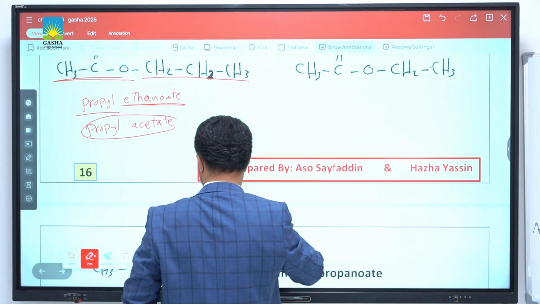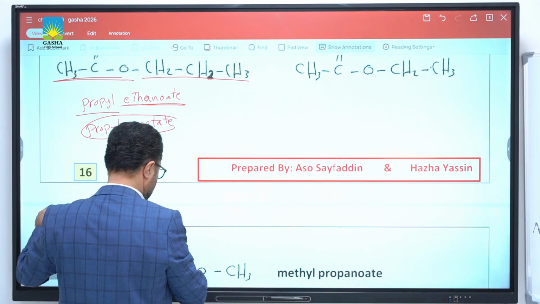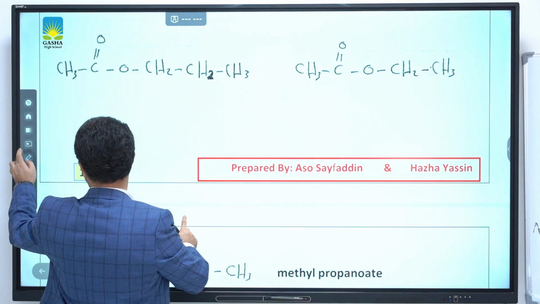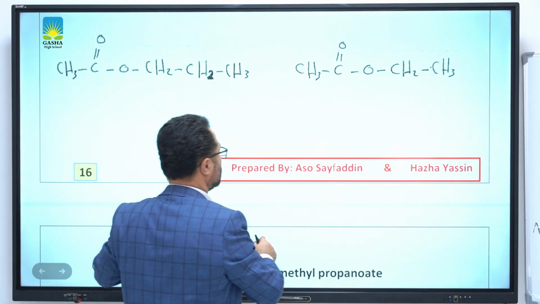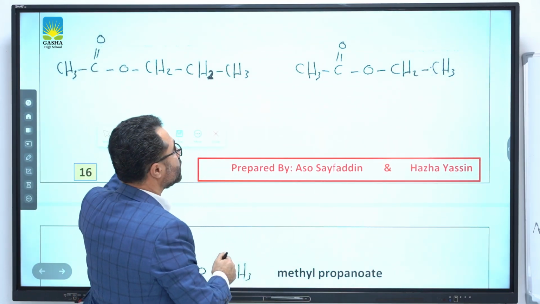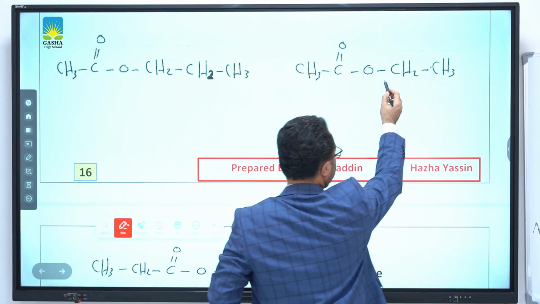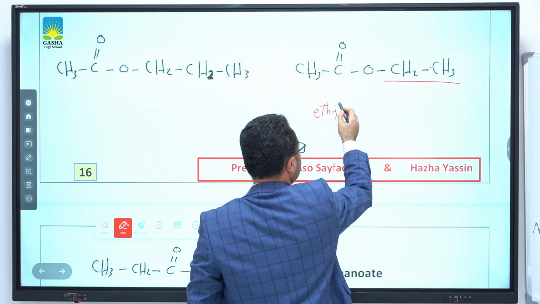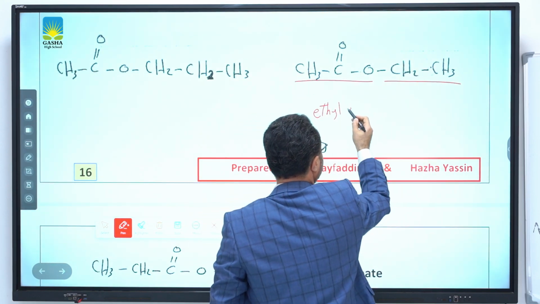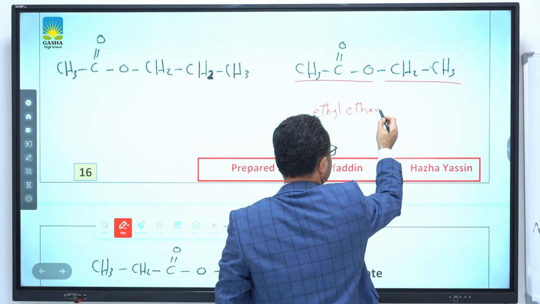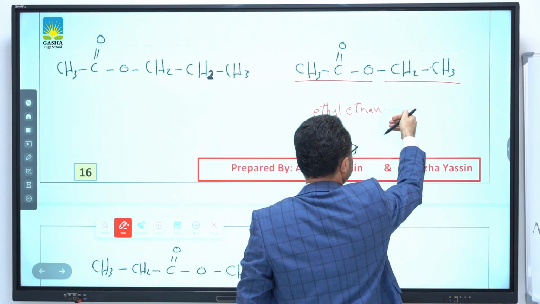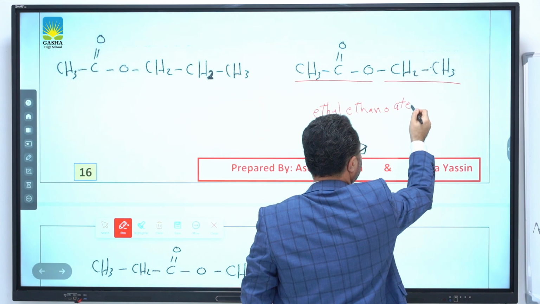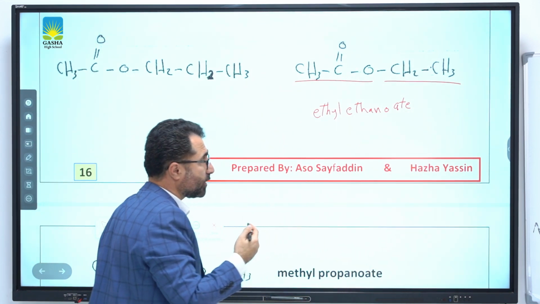Also, here we have 2 carbons on the right and 2 on the left. So it's ethyl, and ethanoate: ethane plus OATE.